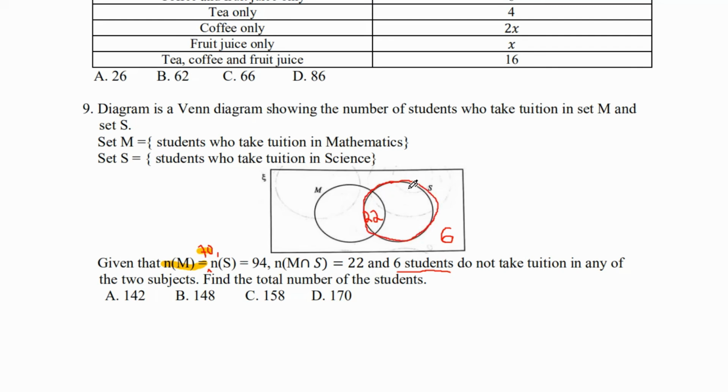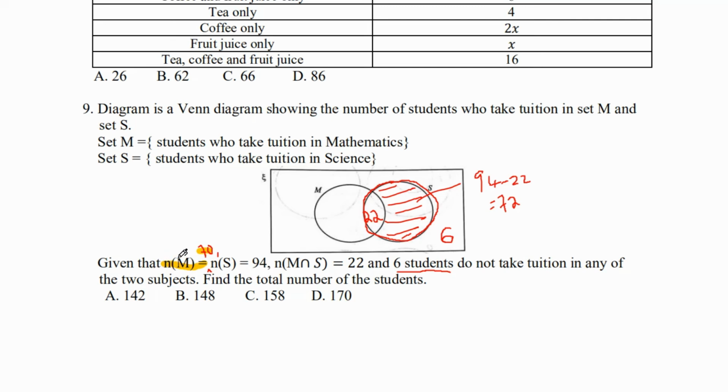Then if I want to find this region only, I have to use 94 minus 22. Then you will have 72. So this region only will be 72. This big circle will be 72 plus 22, 94.